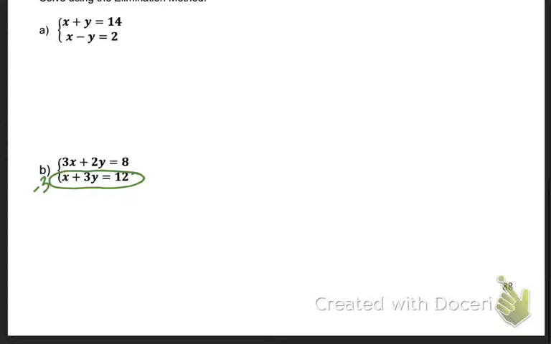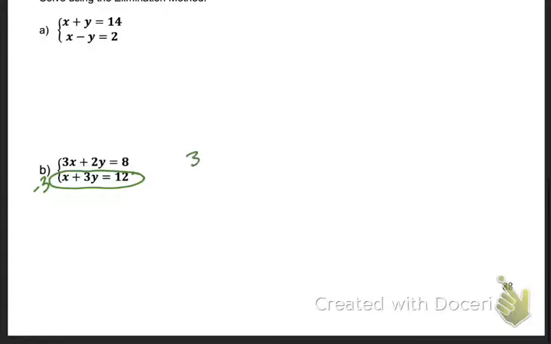If you chose the y's, you would have to multiply the top by 3 and the bottom by negative 2, or the top by negative 3 and the bottom by positive 2. I usually like to choose the variable where I only have to multiply one equation, but sometimes you don't have a choice and you have to multiply both.